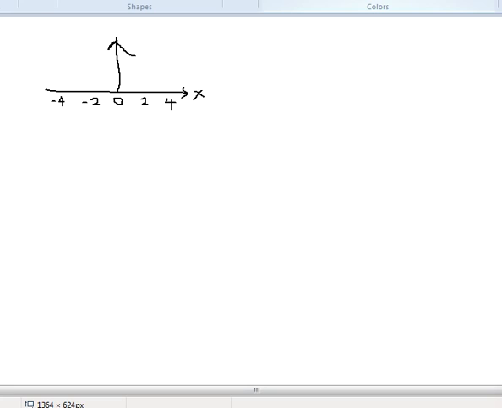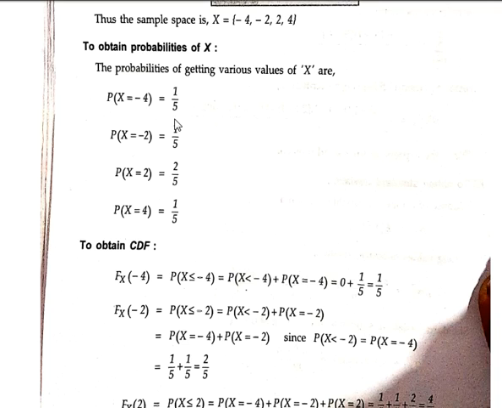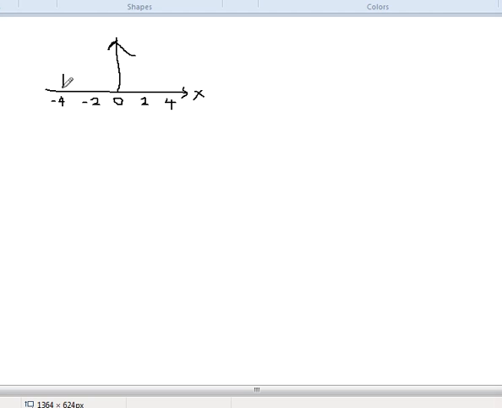The values are 1 by 5, 1 by 5, 2 by 5, and 1 by 5. The 2 by 5 has to be double the others, and the last one is 1 by 5 again. This is our PDF, which is represented by small f of x.